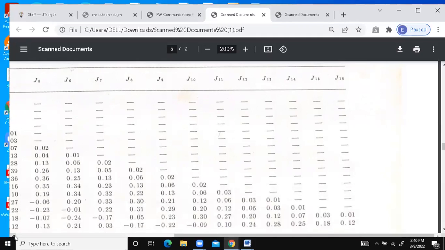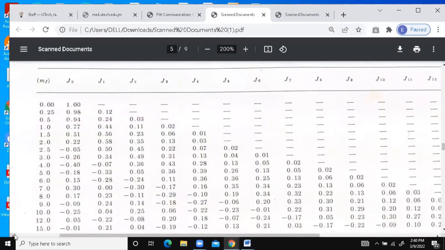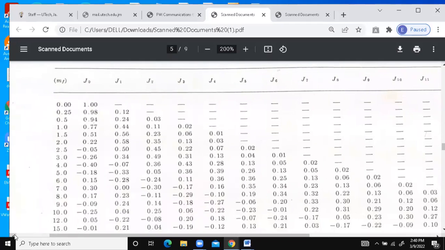So what is this table? That's the function. In the next paragraph, when you read it, you will see what it is. You use it to develop the frequency spectrum.